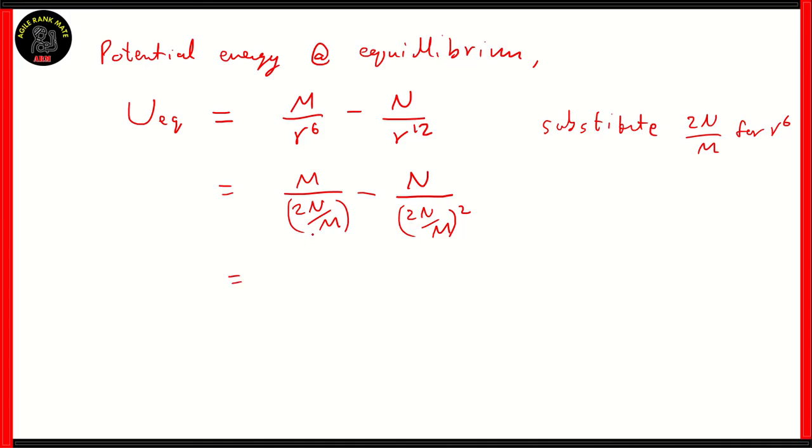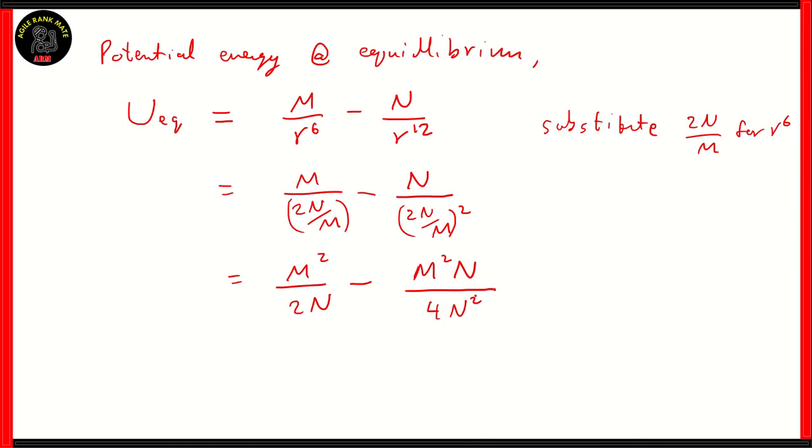For the first term, the m in the denominator of 2n by m goes to the numerator, so we get m squared over 2n as the first term. For the second term, we have n, and the entire thing gets squared, so we have 4n squared over m squared. The m squared is in the denominator, it goes up, so we get m squared, and the n that's already there over the denominator now becomes 4n squared.